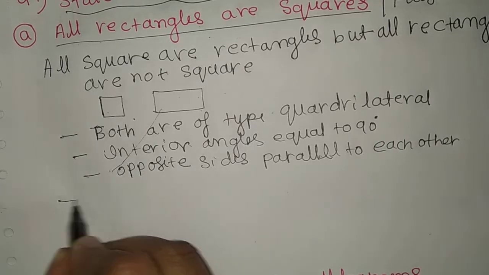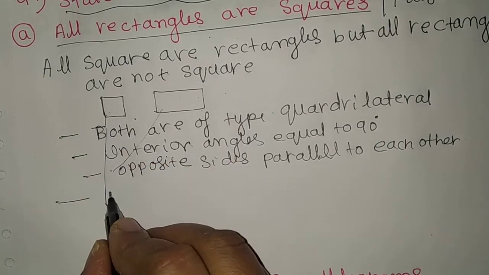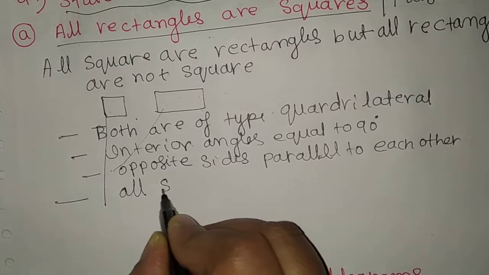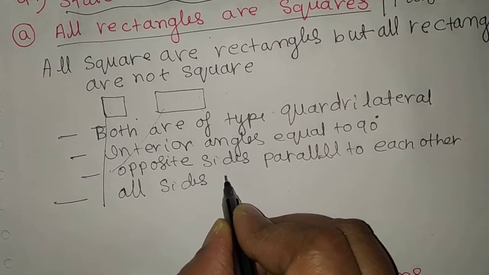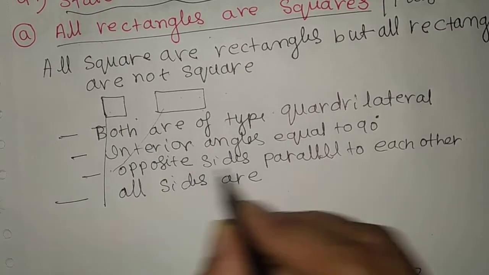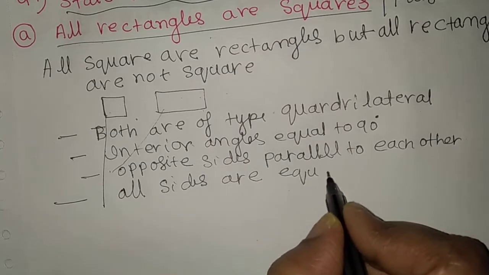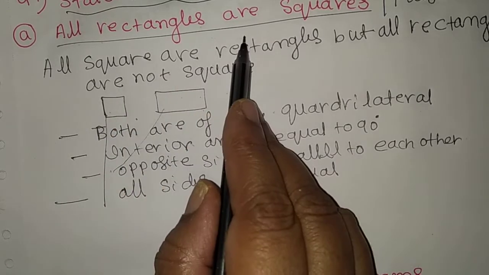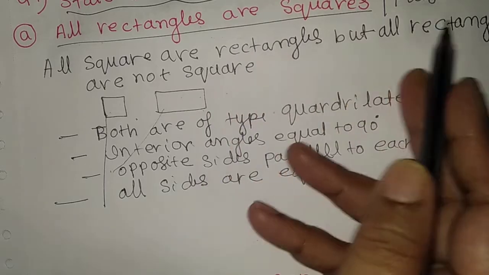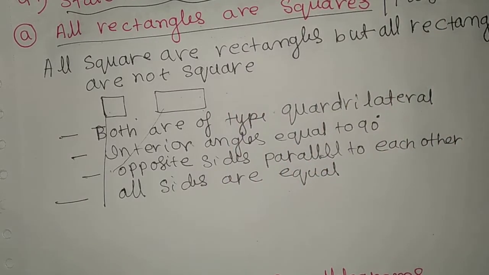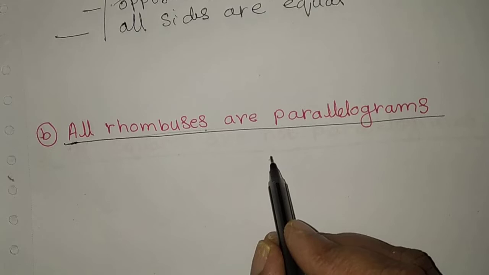In the square, all sides are equal. So this is the difference. So the point is that all the rectangles are not square. So the answer is false here. So we move on to the next one.